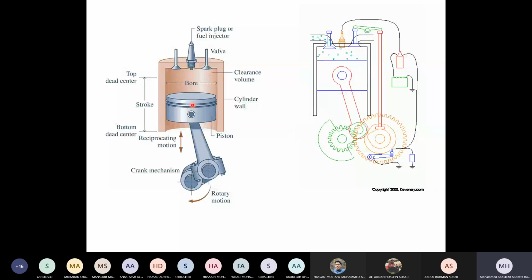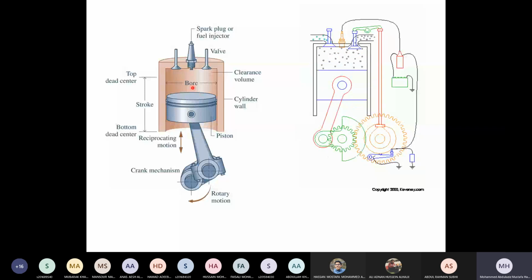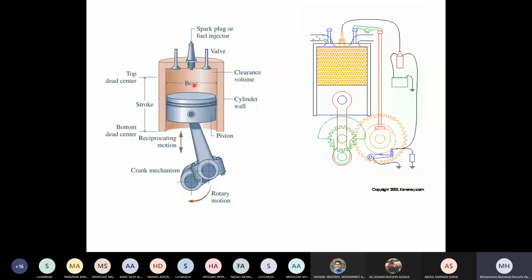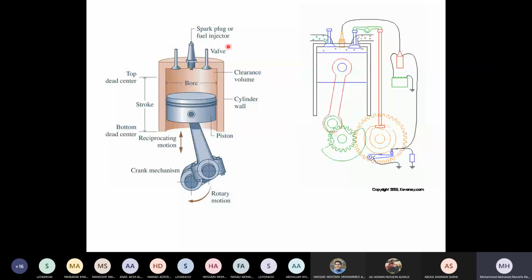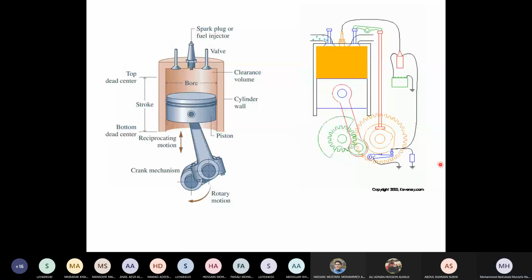Then the piston moves up and compresses the charge. Then we have a spark plug, and then it burns, pushing the piston down, giving us work, and then it goes back, the valve opens and the charge goes in. So this is a cycle and this is repeated all the time. If you have a question, please stop me at any time.